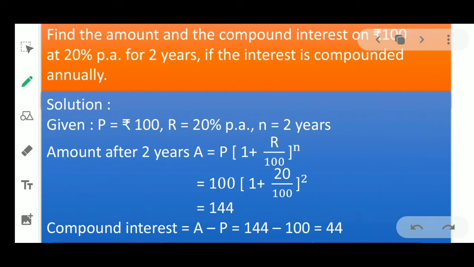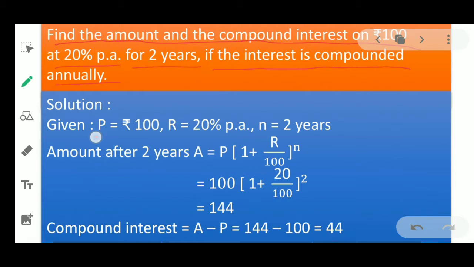Now look at the example. Find the amount and the compound interest on 100 rupees at 20% per annum for 2 years if the interest is compounded annually. The first step is to write the given data.